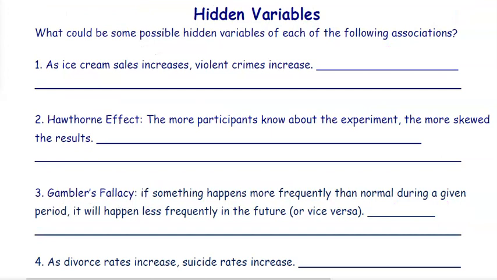Hidden variables. What could be some possible hidden variables of each of the following associations? Number 1. As ice cream sales increases, violent crimes increase. Now, even though this is an association, this would probably not be a causation here.